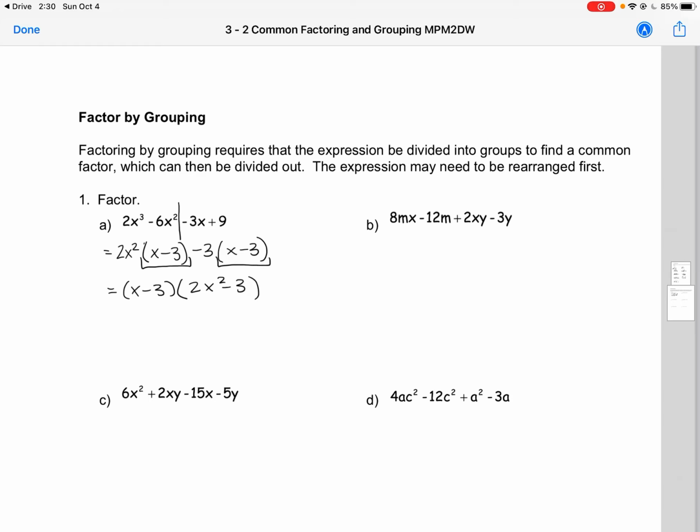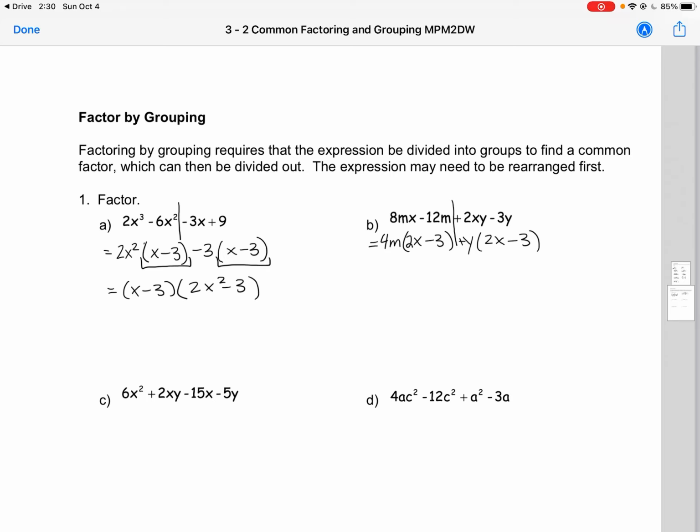Let's take a look at another example. I'm going to notice that my first 2 terms have something in common, and they have 4m in common, leaving me with 2x minus 3. I'm going to notice then that my second 2 terms have a y in common, and so I can factor out y times 2x minus 3, and this is going to give me a way to double check my first bracket.